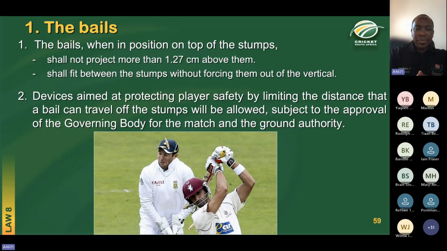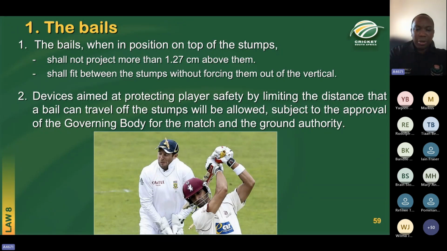So, what the governing bodies around the world, some of them have done, is come up with a simple piece of string from the one end of the bail attached to the top of a stump so that a bail cannot fly as far as the wicket keeper's face.